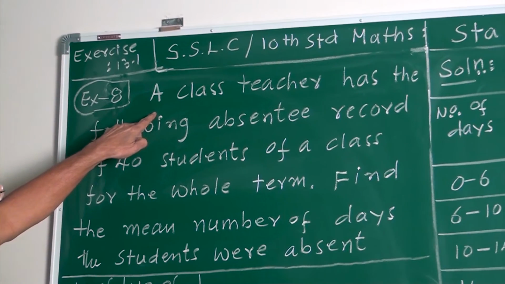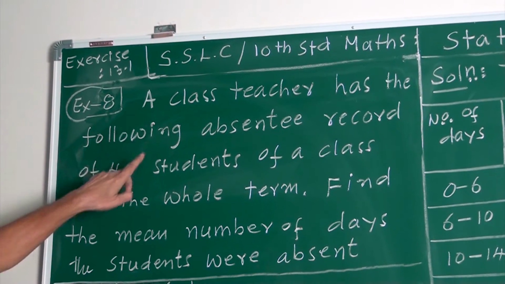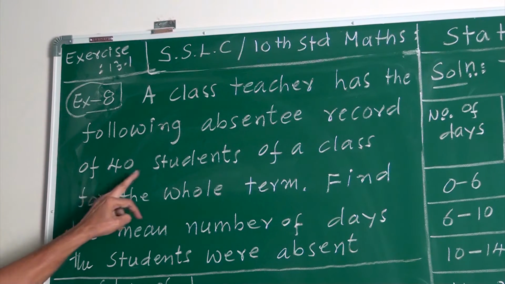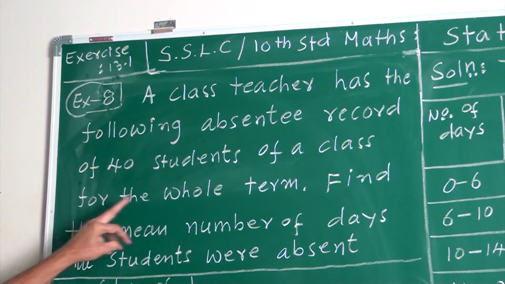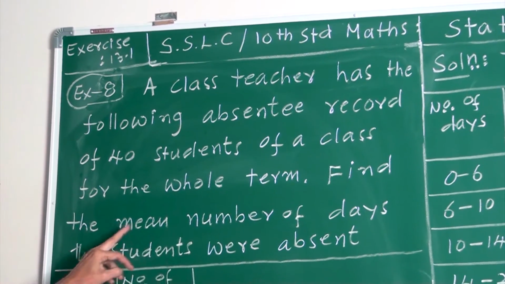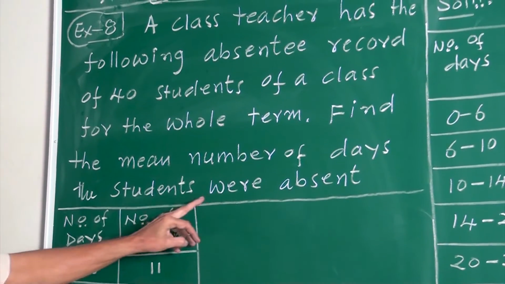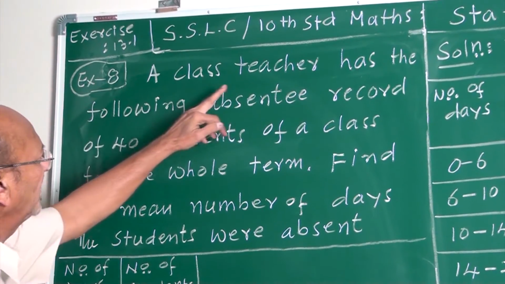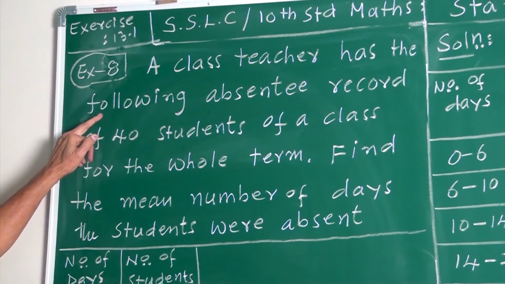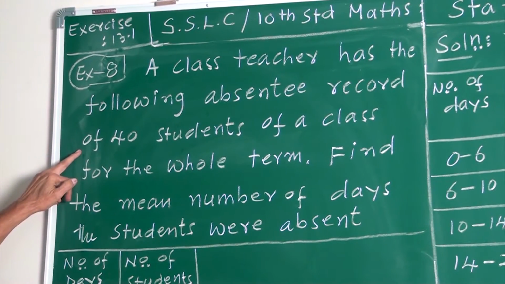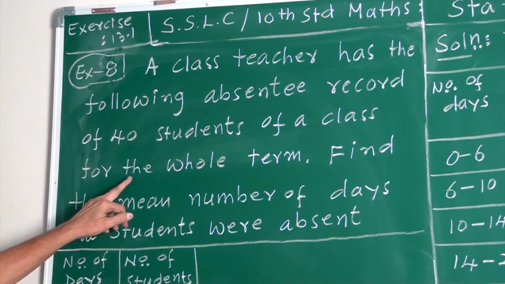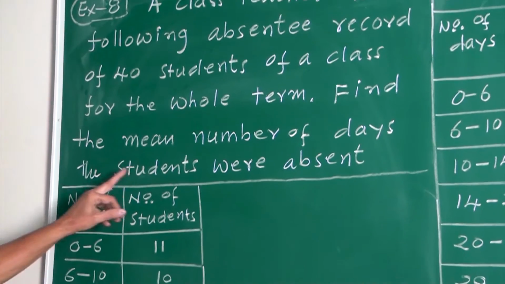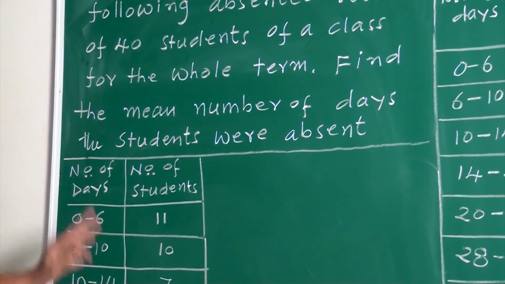The statement of the example is: a class teacher has the following absentee record of 40 students of a class for the whole term. Find the mean number of days the students were absent.